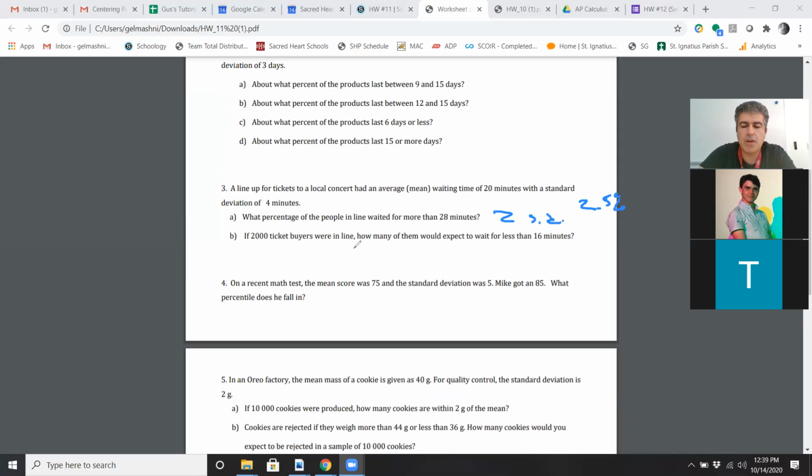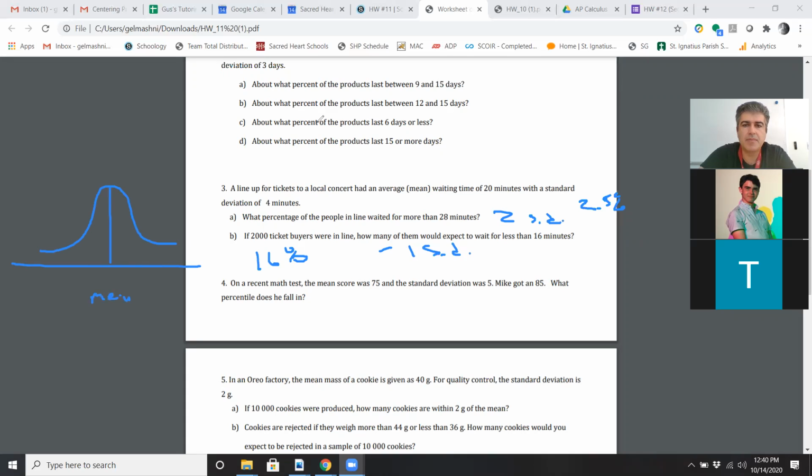If 2,000 ticket buyers were in line, how many of them would you expect to wait for less than 16 minutes? That's going to be negative 1 standard deviation, so that's going to be the bottom 16%. Remember again, here's your normal curve.